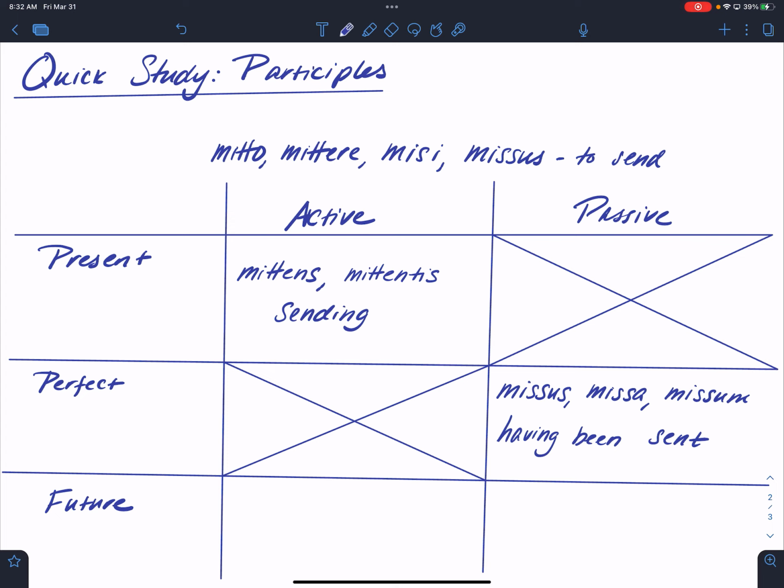But mittens, mittentis, what kind of adjective does that one look like? First and second or third? Third. So what's nice about this, with these participles, the ending of the word will very clearly show what it's modifying or what it's going with. Okay, and that's going to help you out a decent bit.